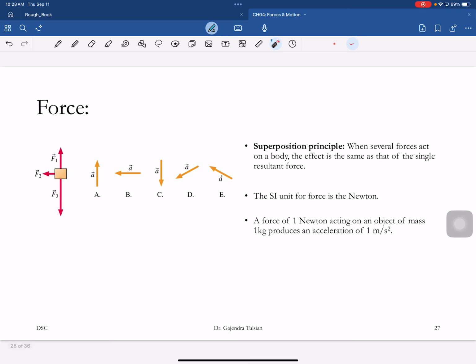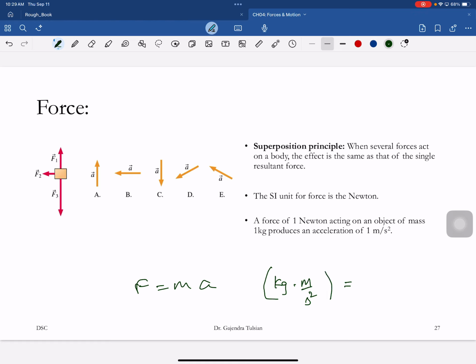And by the way, the SI unit of mass is the kilogram, and the SI unit for acceleration is meters per second squared. So the units are kilograms times meters per second squared.